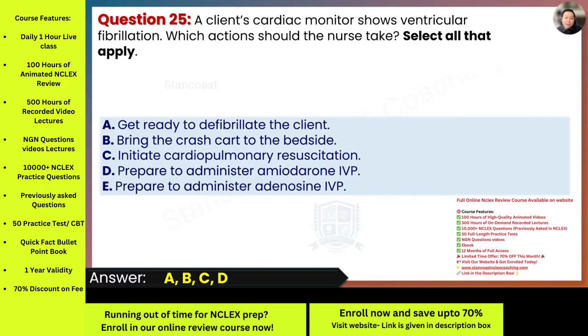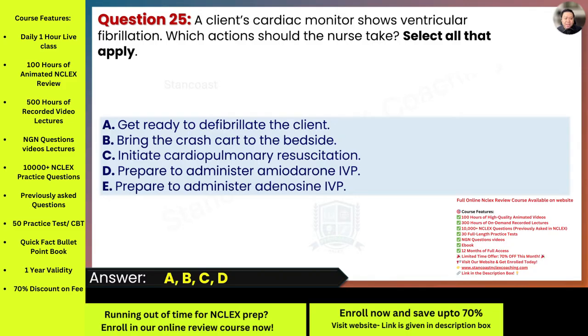Now, we have option E as the incorrect answer here. Why is this incorrect? Adenosine IVP. Well, remember what I said earlier about adenosine? This is a drug that is used to treat SVT, supraventricular tachycardia, which is a totally different arrhythmia. It works by slowing down conduction through the AV node, and it is effective in stopping SVT by momentarily blocking the electrical signals in the atria.